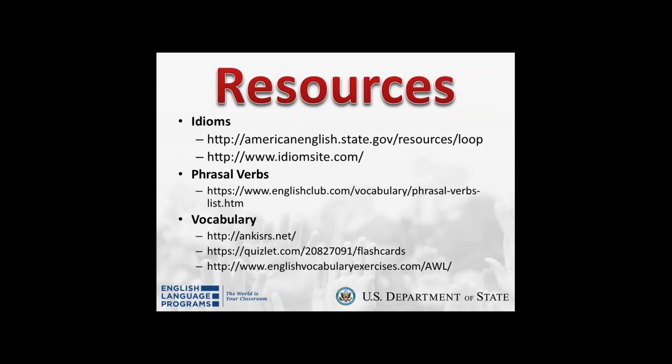So the words are organized in the 1,000 most common academic words, the 2,000 most common academic words. So that's a good place because at least you're going to be working with words that the students are highly likely to encounter in their English learning experience.